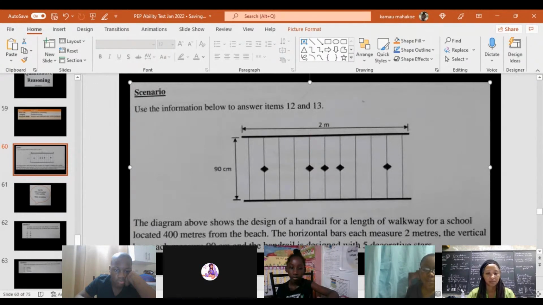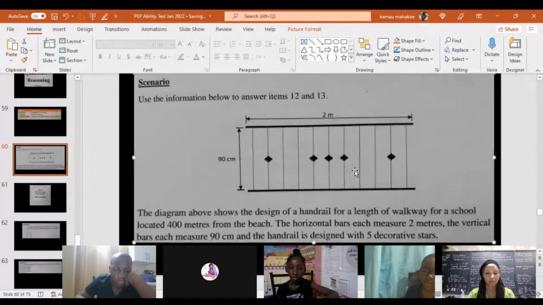The diagram above shows the design of a handrail for a length of walkway for a school, located 400 meters from the beach. The horizontal bars each measure 2 meters. The vertical bars each measure 90 centimeters, and the handrail is designed with 5 decorated stars.